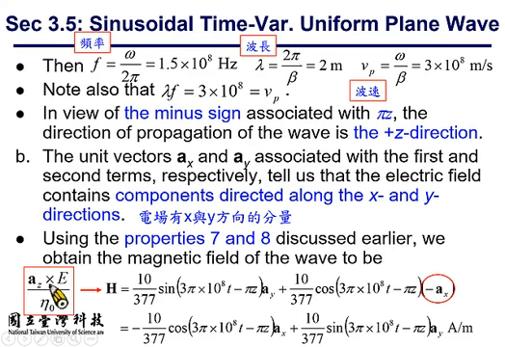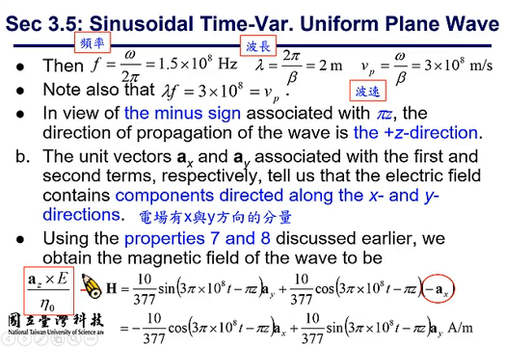So substitute AZ and the electrical field representation from the previous slides. You end up with this expression. Now this is AZ cross AX, so you end up with AY.